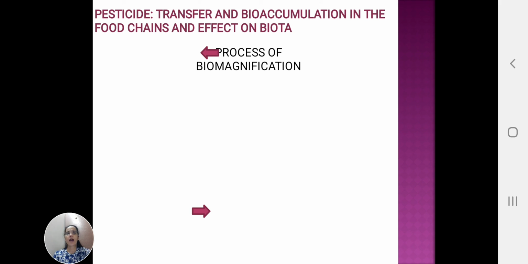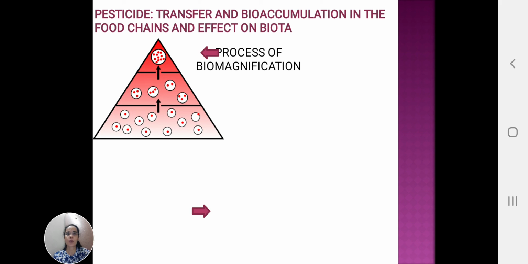The transfer and bioaccumulation of the pesticides in the food chain and its effect on the biota. This figure shows the process of biomagnification, whereby the concentration of the pesticide increases with the increase in the trophic level. As you can see here, the individuals are represented by the circles.